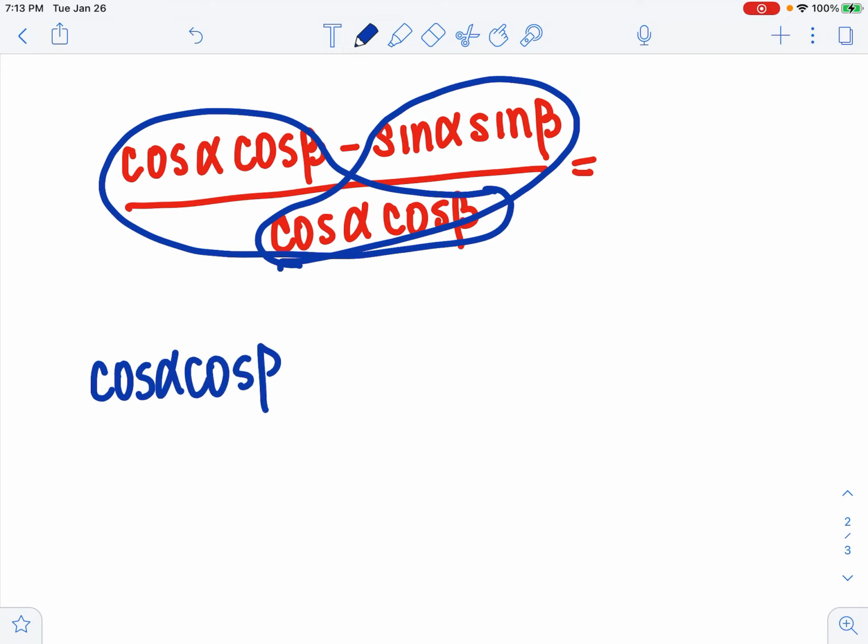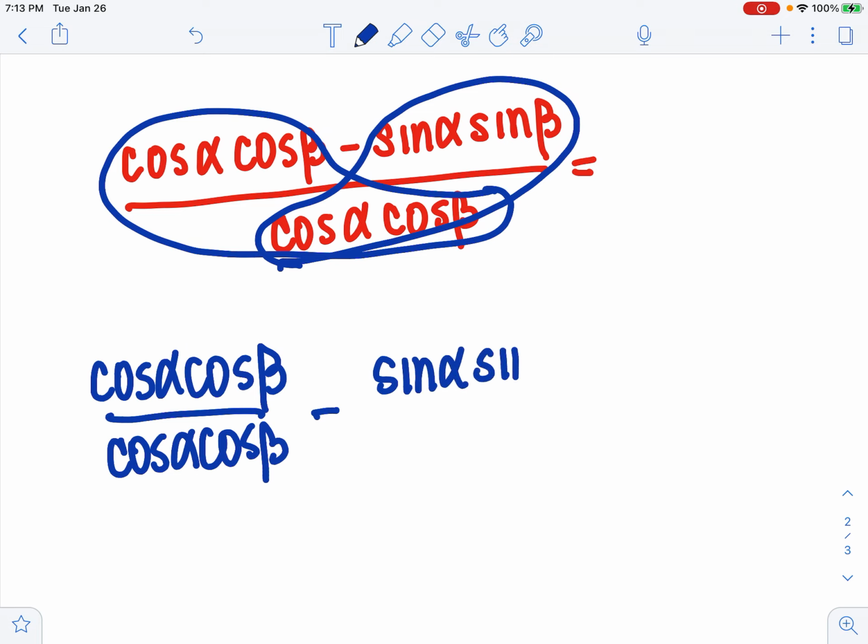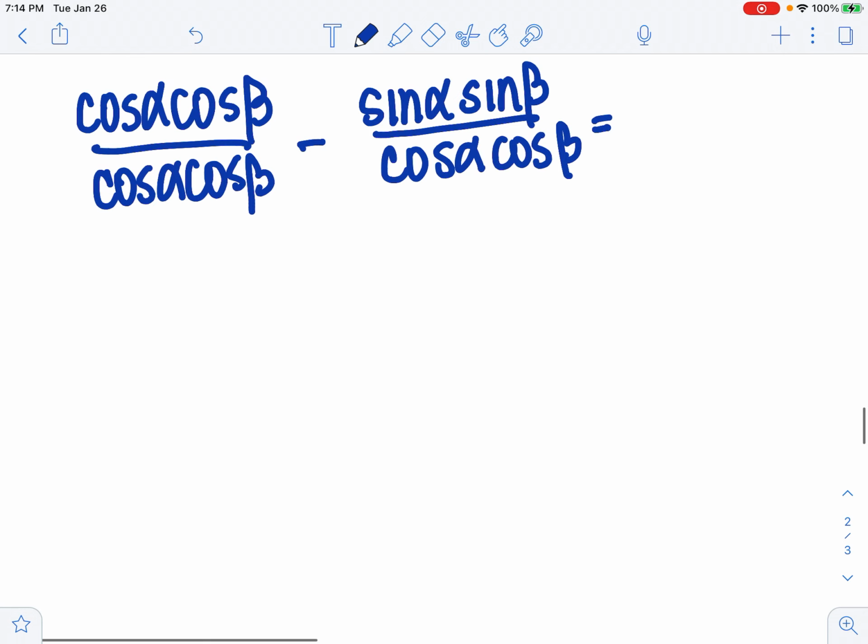So I can break it up. So I have cosine of alpha cosine of beta over cosine of alpha cosine of beta, minus sine of alpha sine of beta over cosine of alpha cosine of beta.